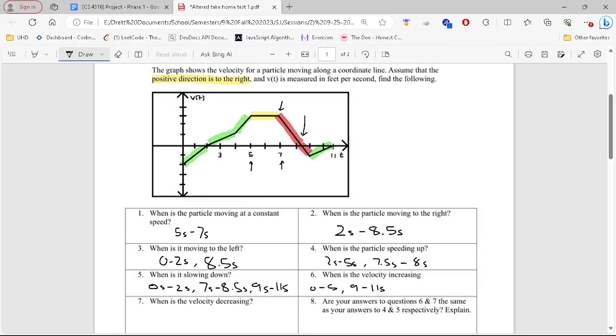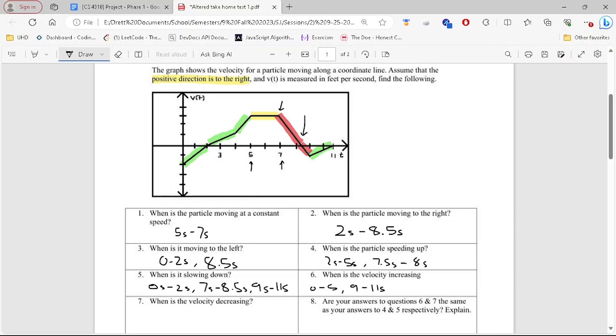Remember, final minus initial will give you the change in velocity, and you need this to be negative for the velocity to decrease. Speed and velocity are different. Speed is a scalar, which does not take a sign, and velocity is a vector, which does have a direction. In this case, negative and positive indicate its direction.